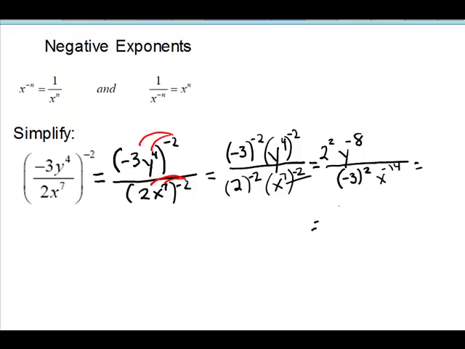So we have 2 squared gives us 4 on the numerator, and we'll just keep this one for a minute. On the denominator, -3 squared gives us a 9, and we still have the x. And then the x and the y are going to switch places because they both have a negative exponent.